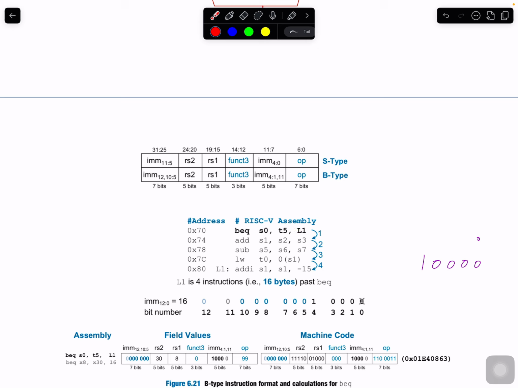But as you move by 4, you always land at an even number, which means the least significant bit is always 0. Actually, you could say that both of the least significant bits are 0.